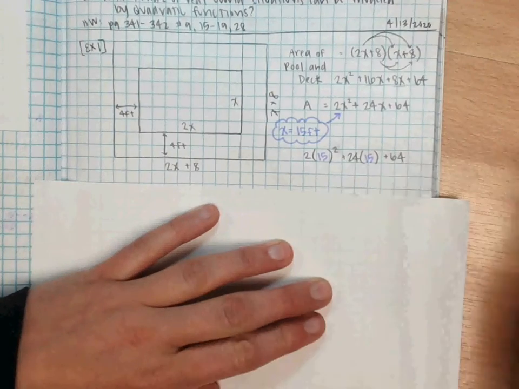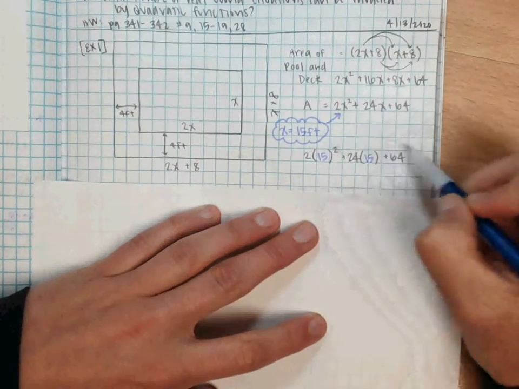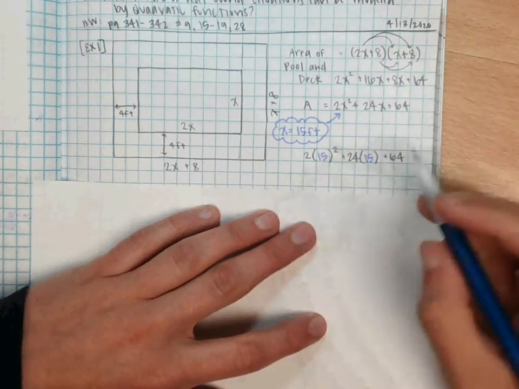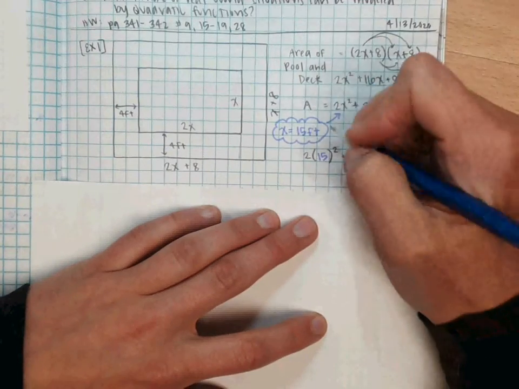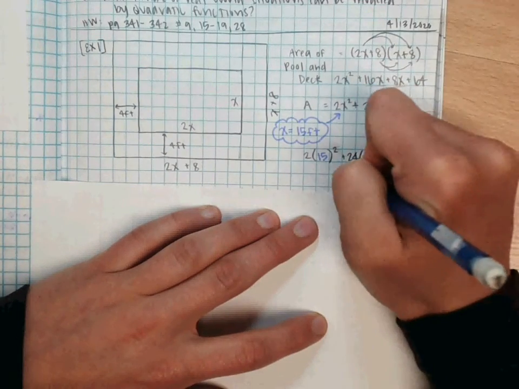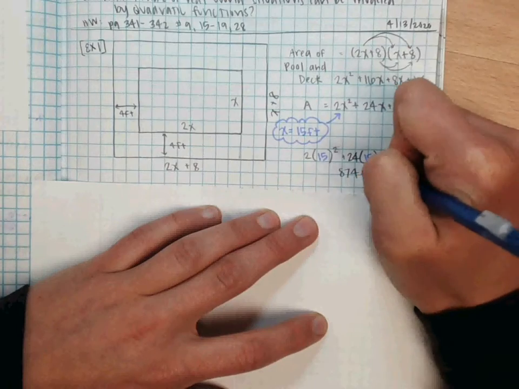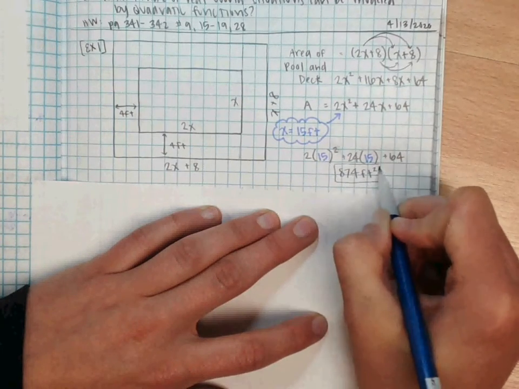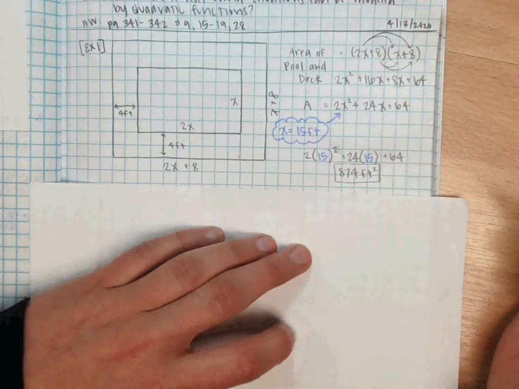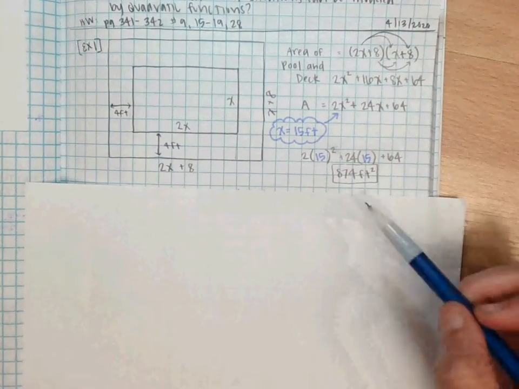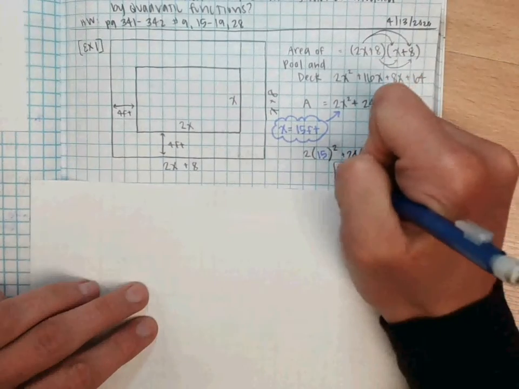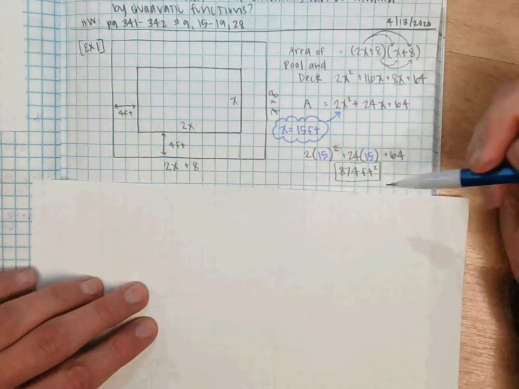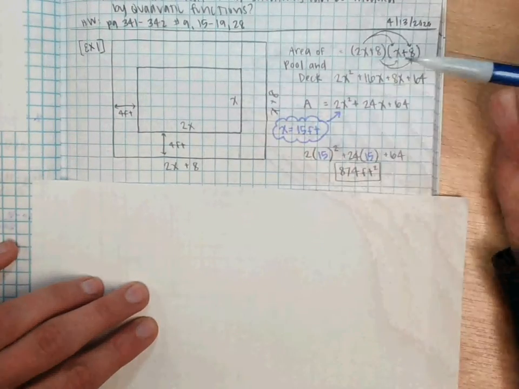When I do all of that math in my calculator, I end up with 874 feet squared. So the area of the entire pool is 874 feet squared if she has a pool that has a length of 15 feet.